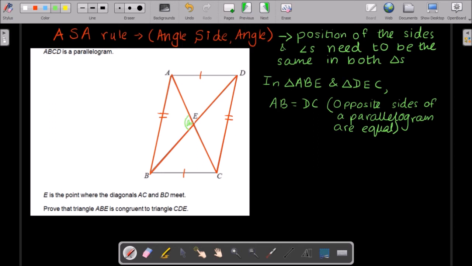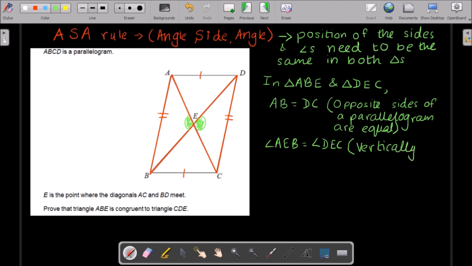Okay, now I'm going to use this angle here, and I'm going to say that's equal to that angle there, because they are vertically opposite angles, and vertically opposite angles are equal. So angle AEB is equal to angle CED or DEC.